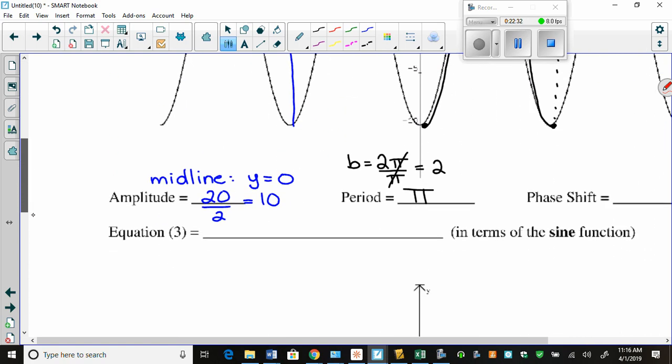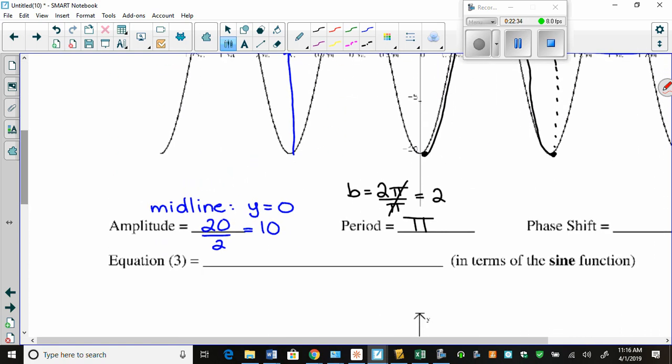Okay, we're going to come up with the equation of this one. Then we're going to have y equals positive amplitude, so 10, sine b, which is 2, x something, plus my midline, which is 0.